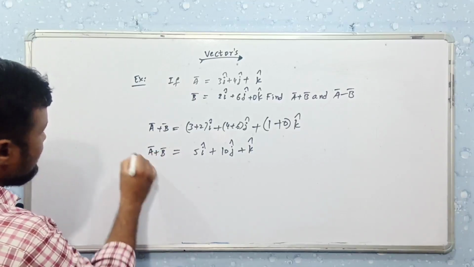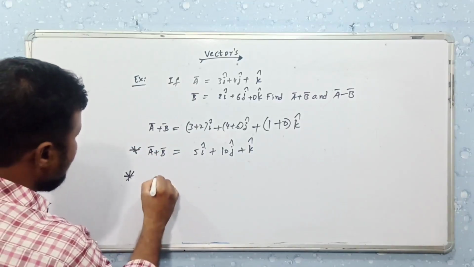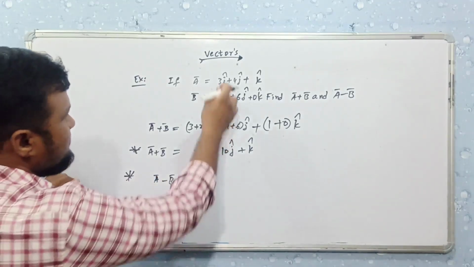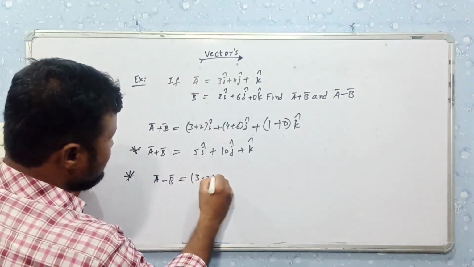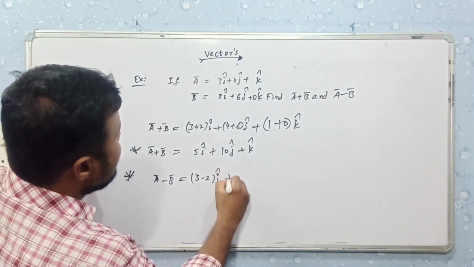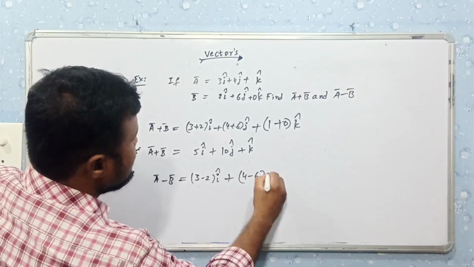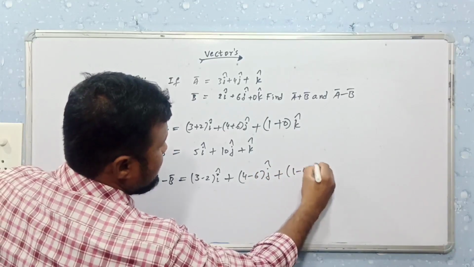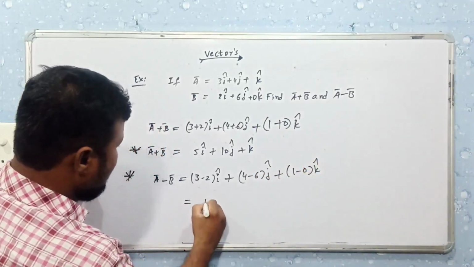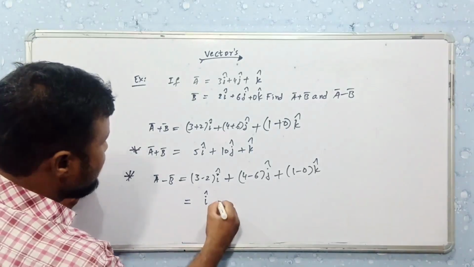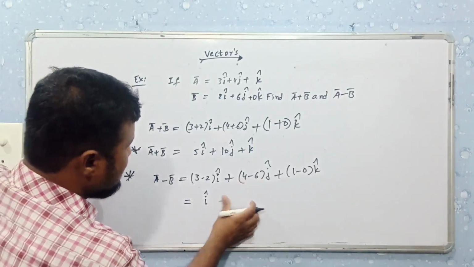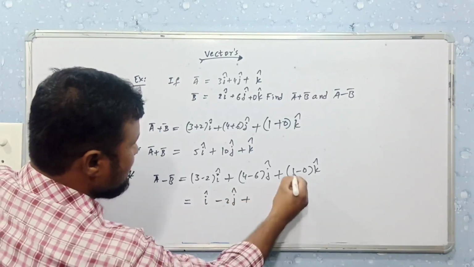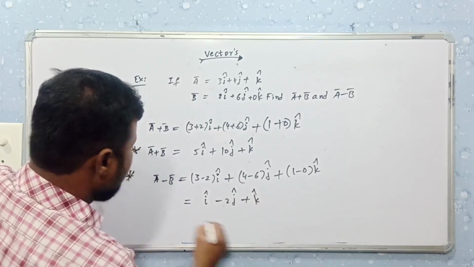And find A bar minus B bar. 3 minus 2 i cap plus 4 minus 6 j cap plus 1 minus 0 k cap. 3 minus 2 is 1, so simply you can write i cap, plus 4 minus 6, so minus 2 j cap, plus 1 minus 0 is 1, so simply you can write k cap.